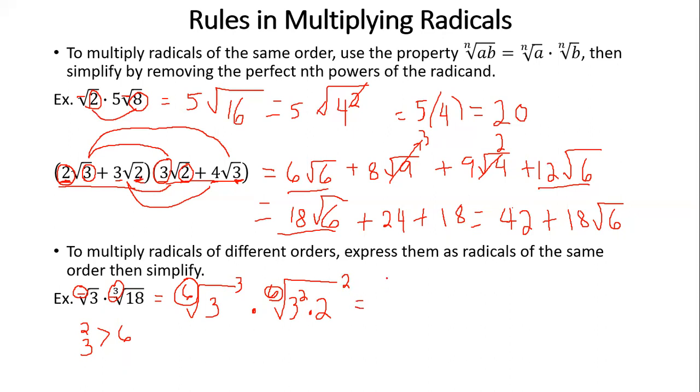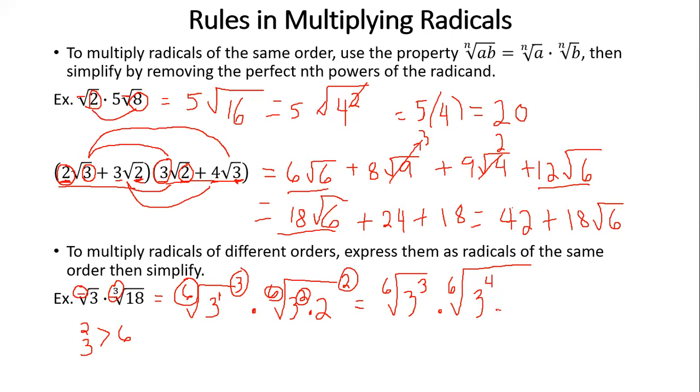After that, ayan, pwede po nating i-distribute yung mga exponent na yan dito po sa ating radicand. We have 3 raised to 3 times 1. Ito po yung exponent na nasa loob, that will be equivalent to 3 times the 6th root of 3, 2 times 2, that will be equivalent to 4.